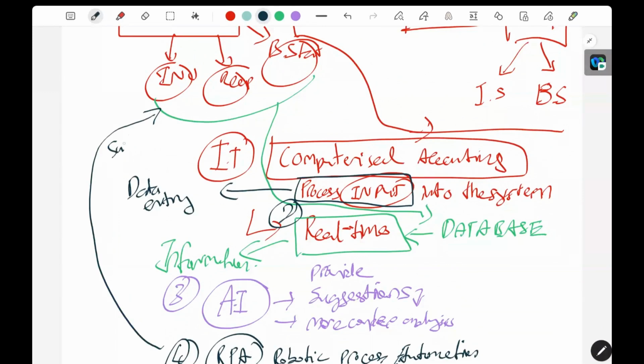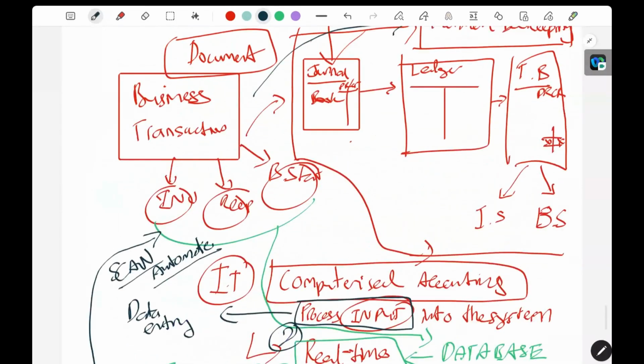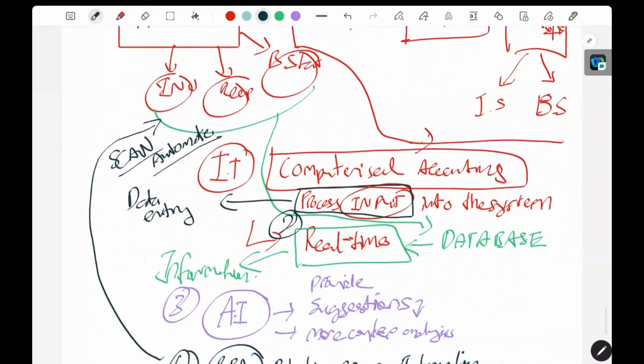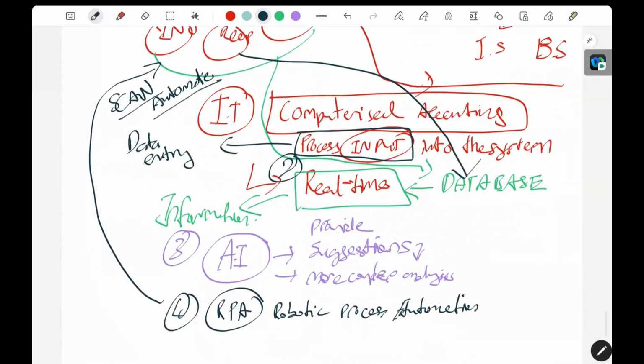You can just scan and automate these transactions. Scan this transaction and automatically put it inside the system, straight away go into the database. You see, less intervention.